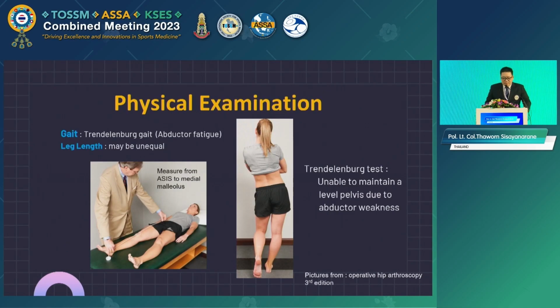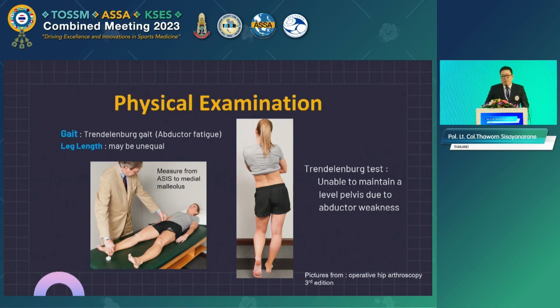Okay, the most common gait pattern that we find in dysplastic hip is the Trendelenburg gait. It is the inability of the patient to maintain the level of the pelvis, which is caused by abductor weakness. The leg length we have to measure on both sides.